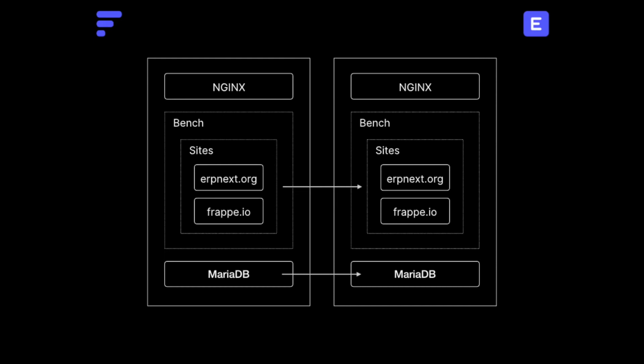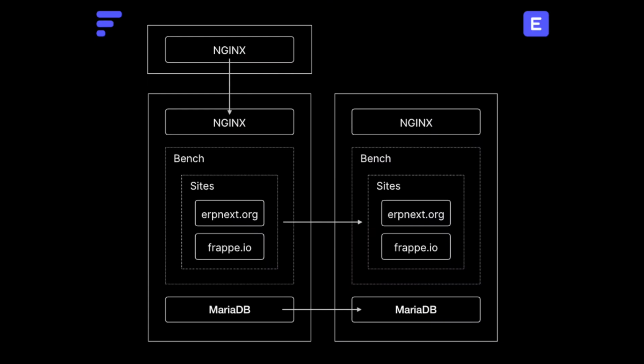We make sure that this copy, the secondary copy, which we call the replica, is synced with the primary server all the time. We do the syncing by MariaDB replication and rsync. We throw an Nginx proxy on top of it so that we can switch from primary to secondary whenever we want to. That is at the core of Frappe Central, right?